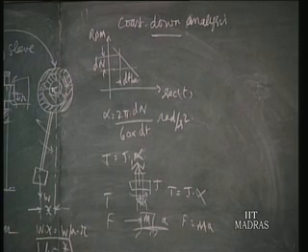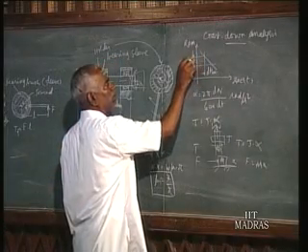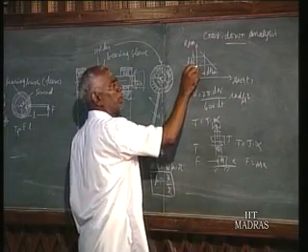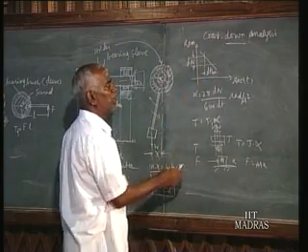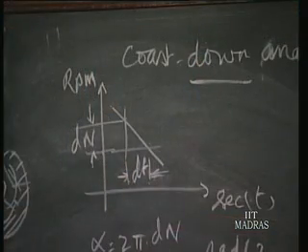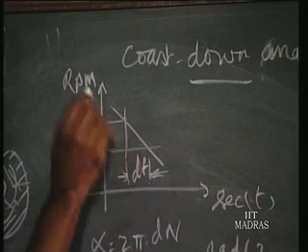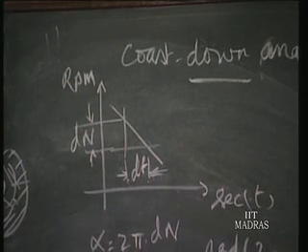Deceleration is the negative of acceleration, a reducing acceleration. So if dn is the RPM difference for a duration of dt, say 100 RPM difference for 5 seconds, you put 100 by 5 here. That is RPM per second. You convert it into RPS by dividing by 60.